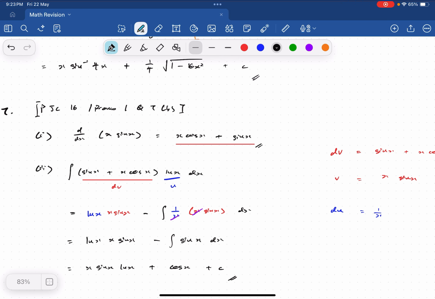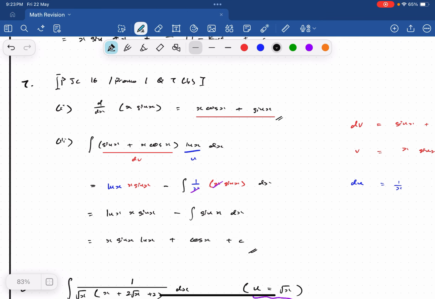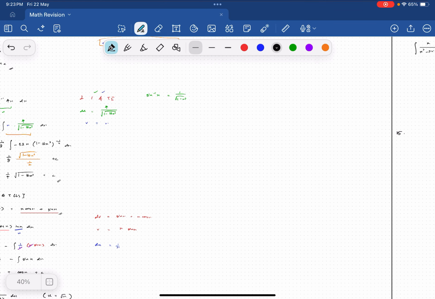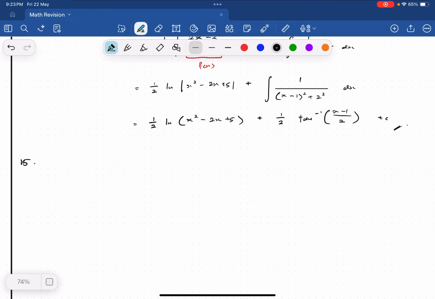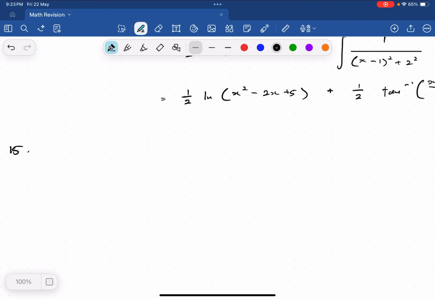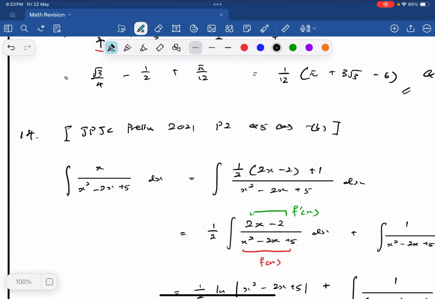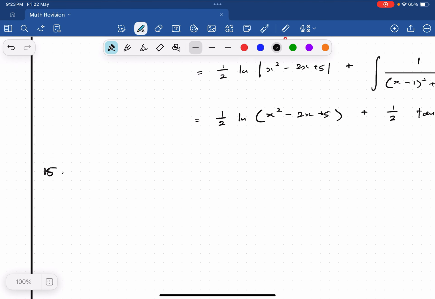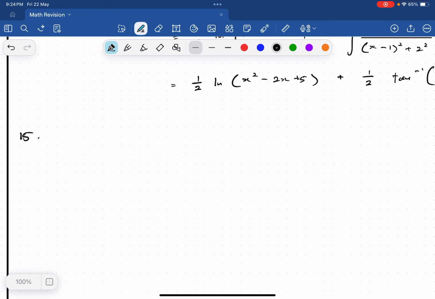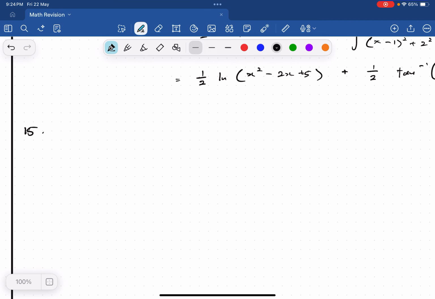They say part 1, show that d/dx of something equals something. Part 2, therefore find this. So this is the exact same type of question. Okay? I'm just revisiting this question type, not only for convenience because it appears in my list of questions with the previous one, but also because I think it's best to show you two examples of this same type.